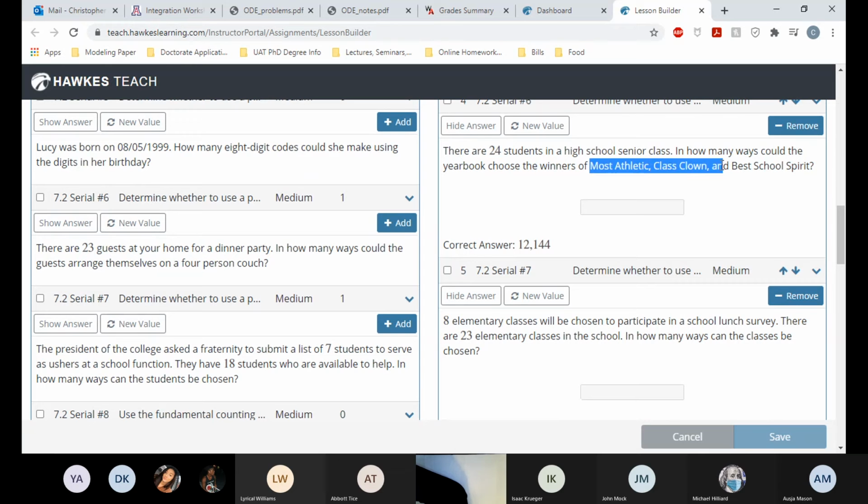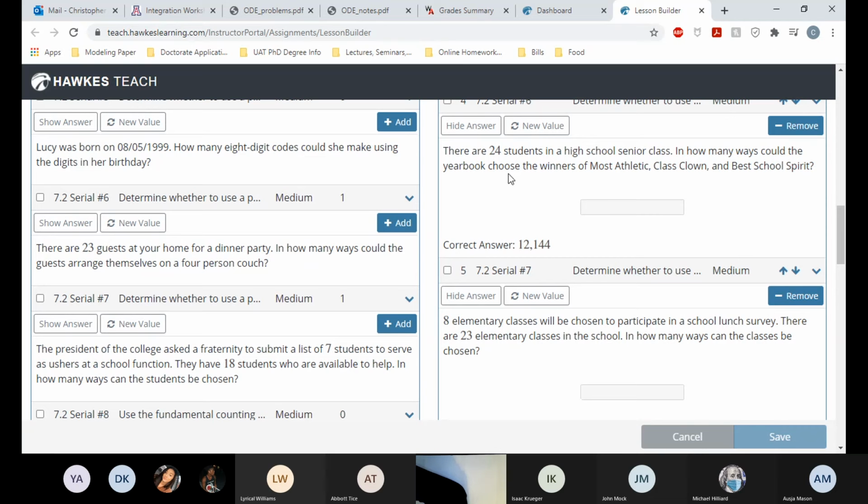Because these 3 positions have different names. It's like first, second, third. Well, they're not like first, second, third, but the point is they're all unique, right? So having Sally, Jim, and Bob, that combination is different from Bob, Sally, Jim, right? The order matters. So we're going to use a permutation.